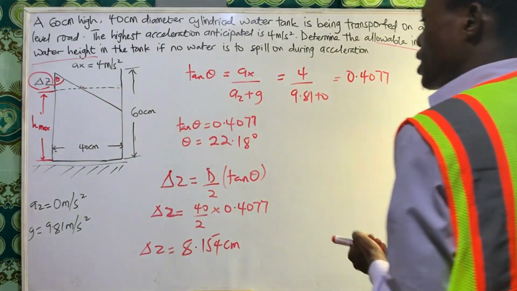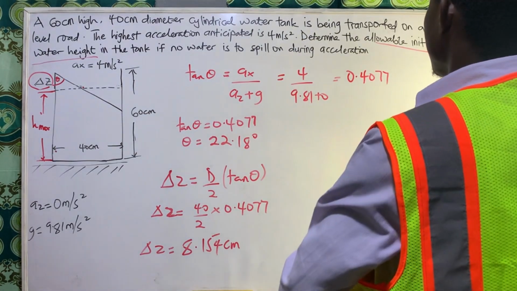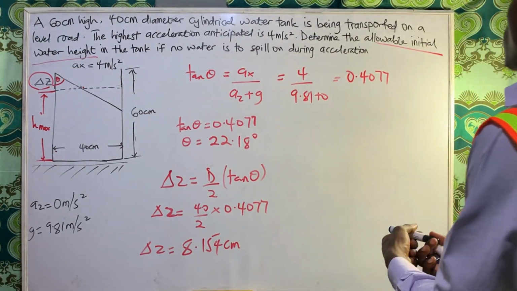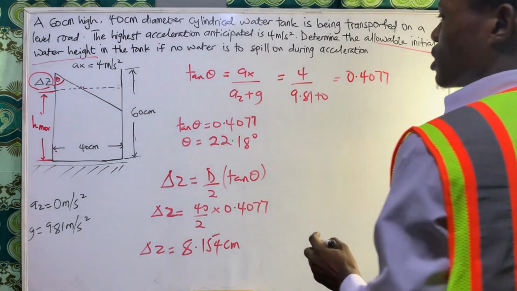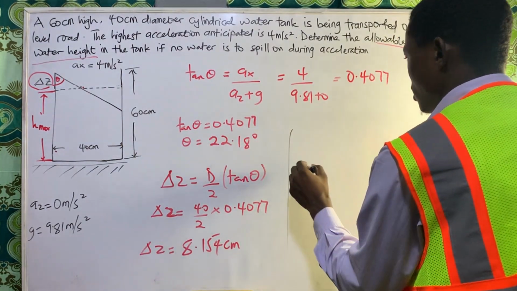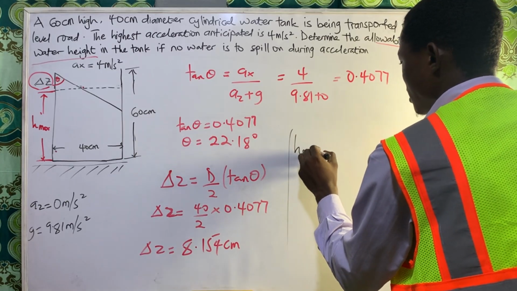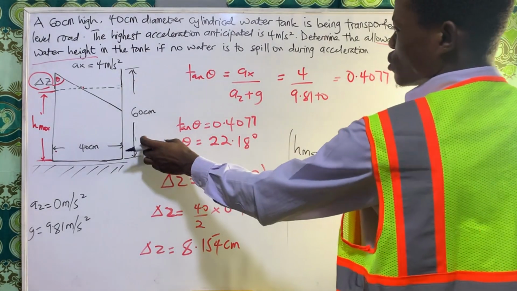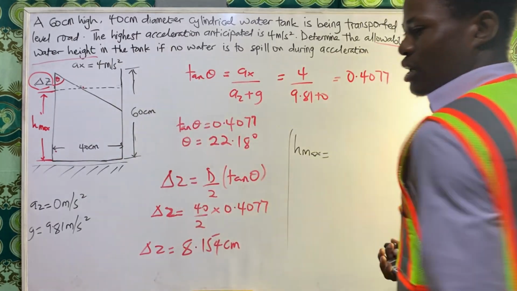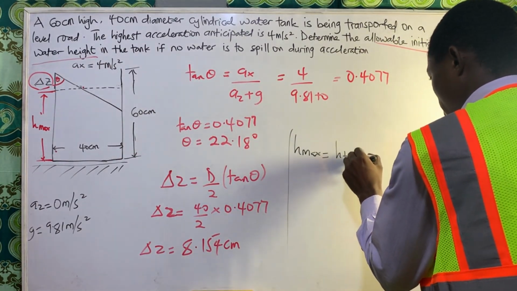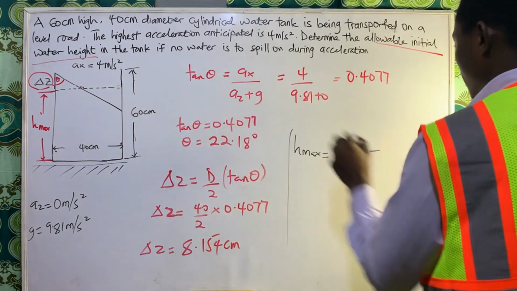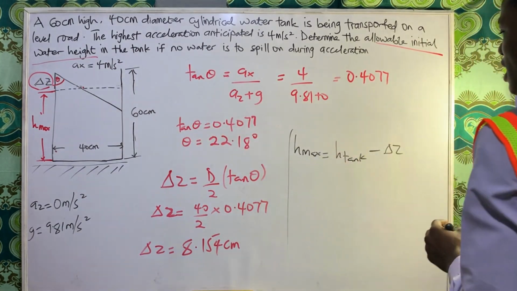Now we can find the maximum initial water height. H max is equal to the height of the tank minus the delta z that we had.